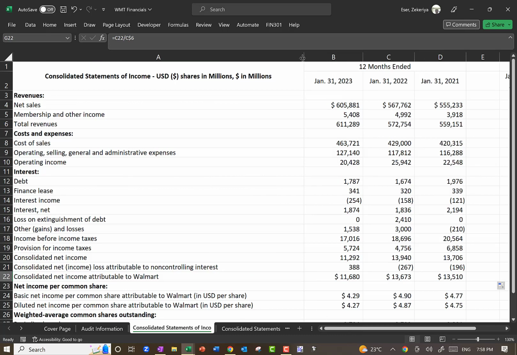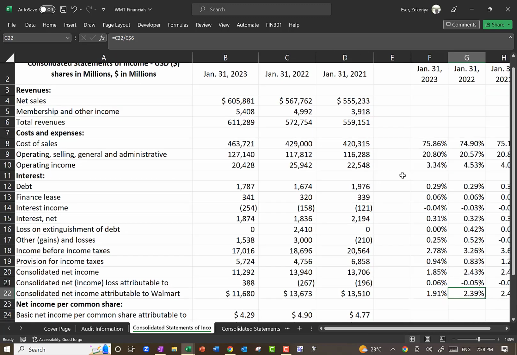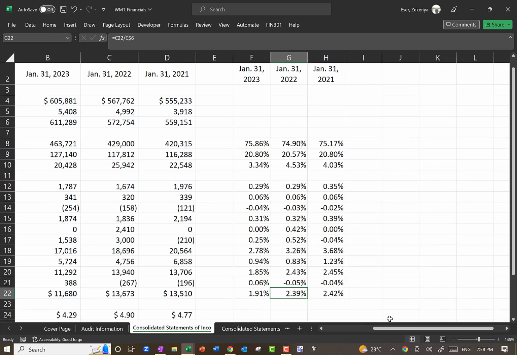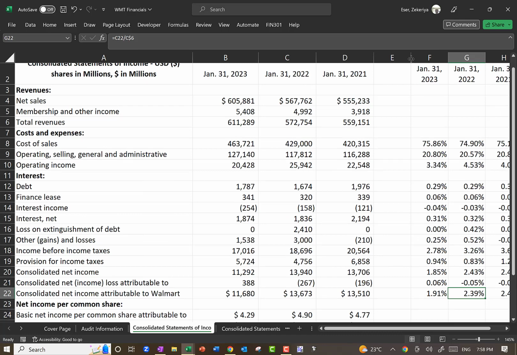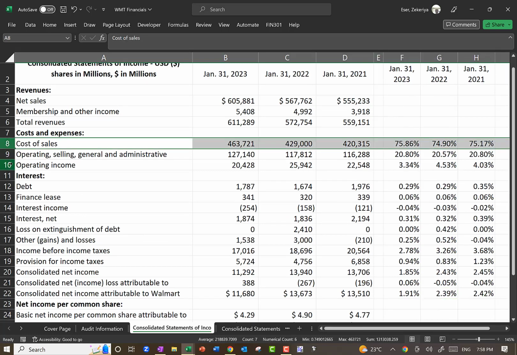Let me make this a little bit bigger. Now let's look at this. As of January 2023, Walmart essentially spent 3/4 of its sales on costs of obtaining those products.